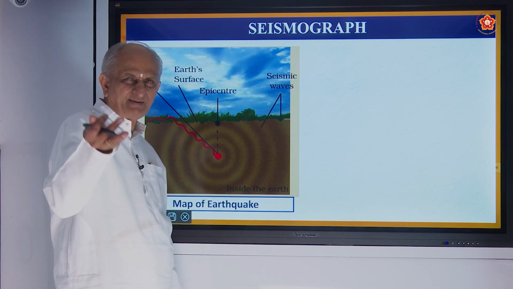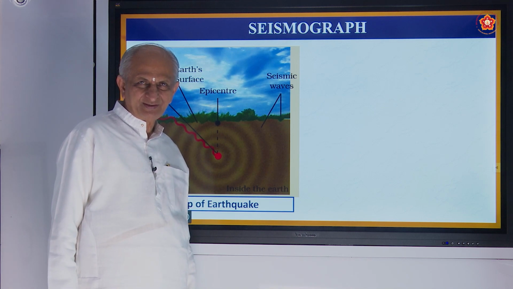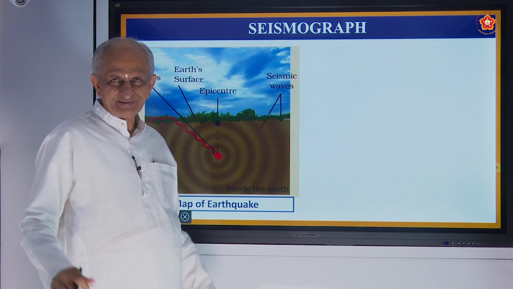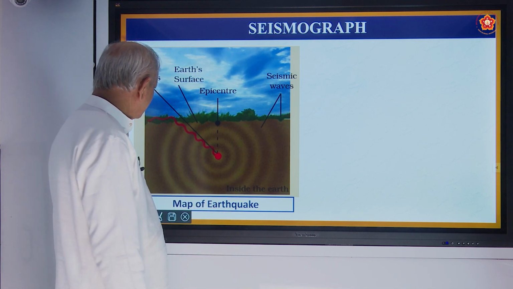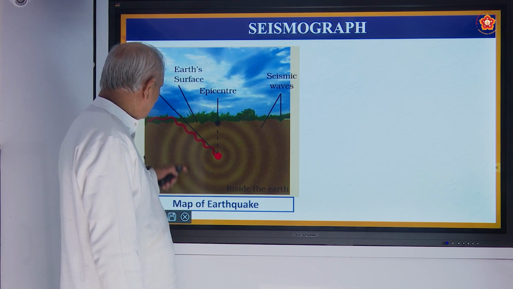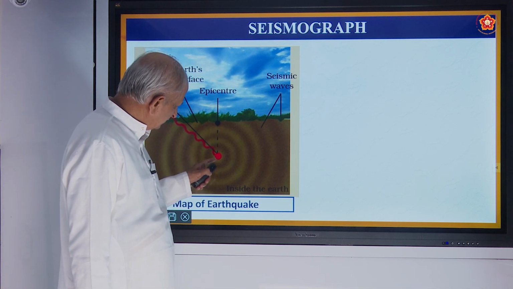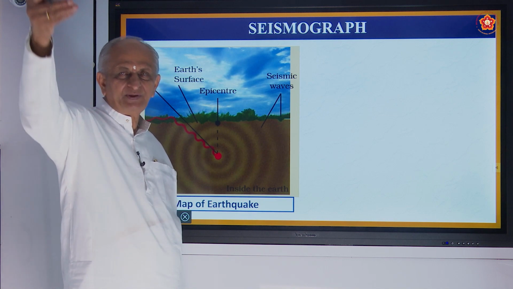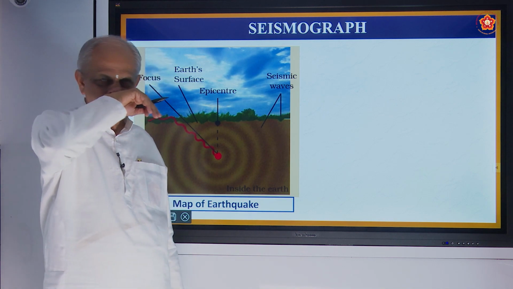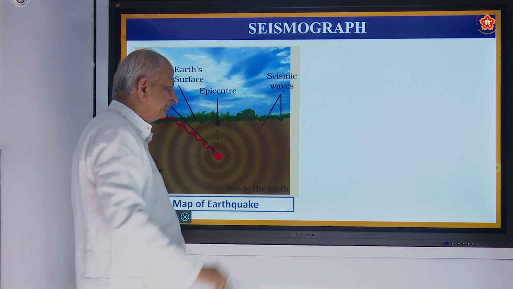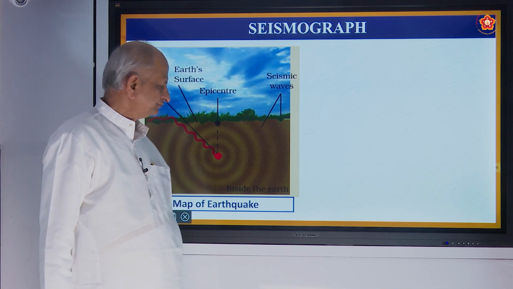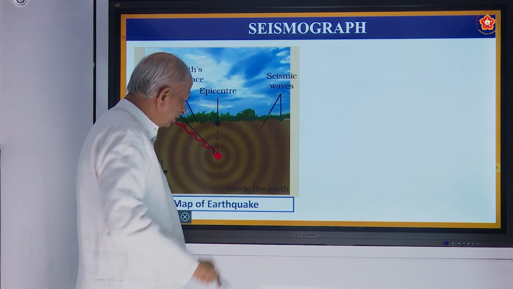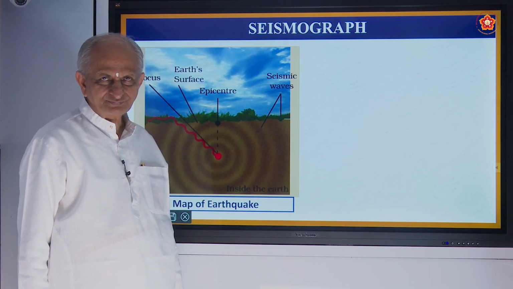You might have experienced, some of you might have seen or heard about it. The buckets will shake, the things will fall, there will be little shaking. This is called the epicenter, from which the tremors will transfer to the earth's top surface. So whatever there is on the top will be affected, and you can see some concentric circles here.